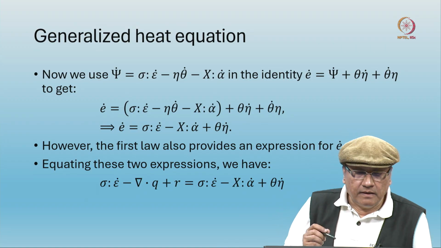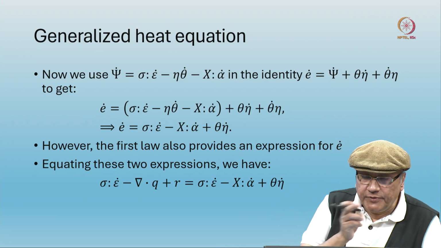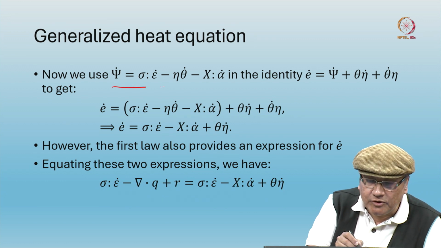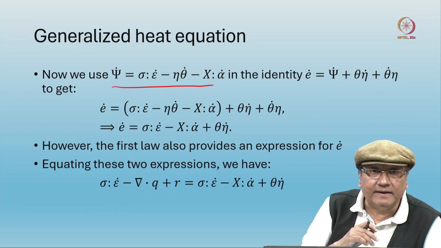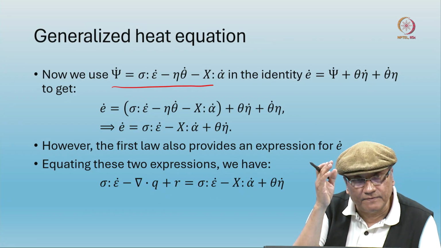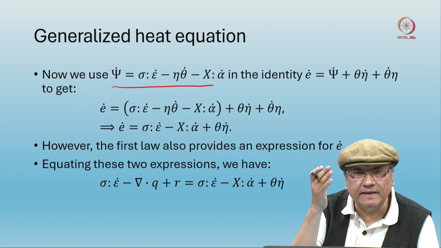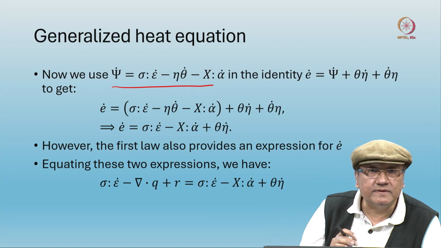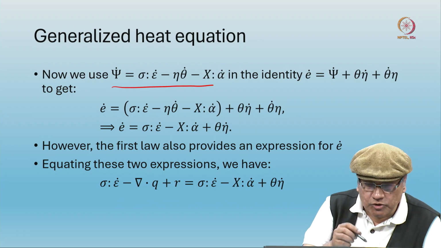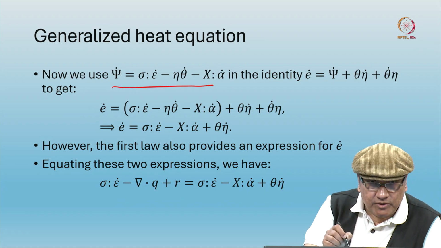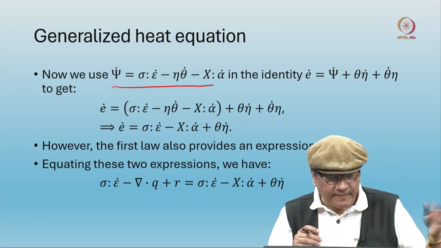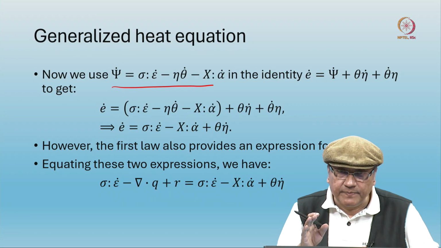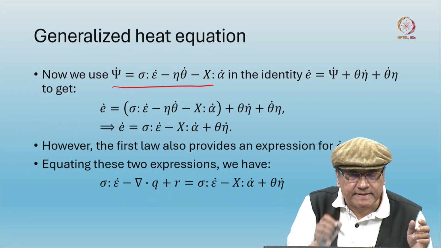Next, let us use the previous expression for psi dot, you remember, we got it just some time back. We used psi as a function of alpha, epsilon and theta, and then did the expansion of psi dot in terms of this, and used the Coleman-Noll closure to arrive at this. If you are not comfortable, then flip back to that page and make sure that you understand this step.